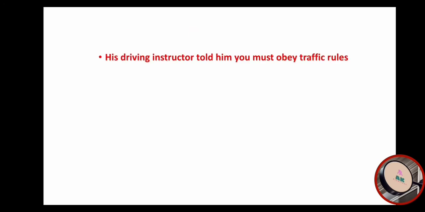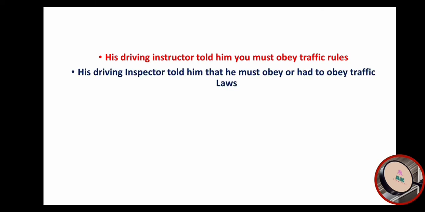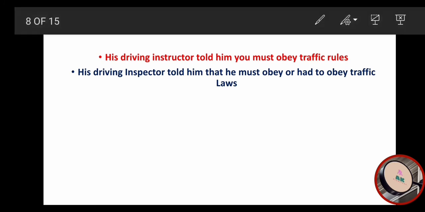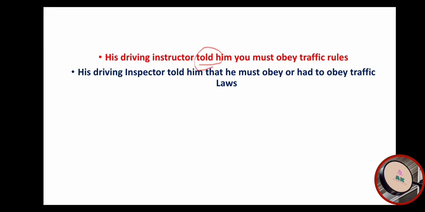Next, his driving instructor told him you must obey traffic rules. What did the driving instructor say? Here is the answer. His driving instructor told him that... told stays told, because it's already in the past form.